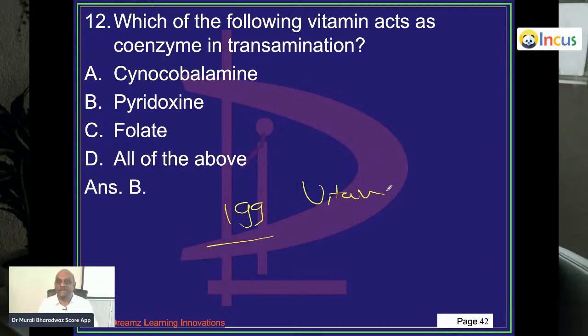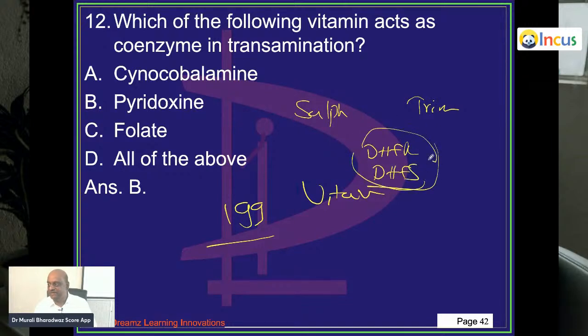Now my question to Teja. Between dihydrofolate reductase and dihydrofolate synthase, which is inhibited by trimethoprim, and which is inhibited by sulfonamide? Come on, doctor.